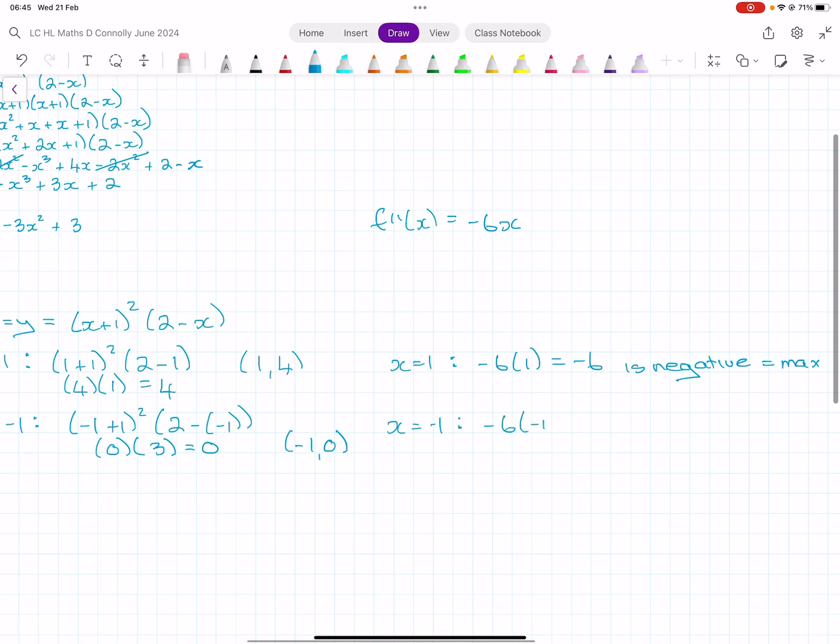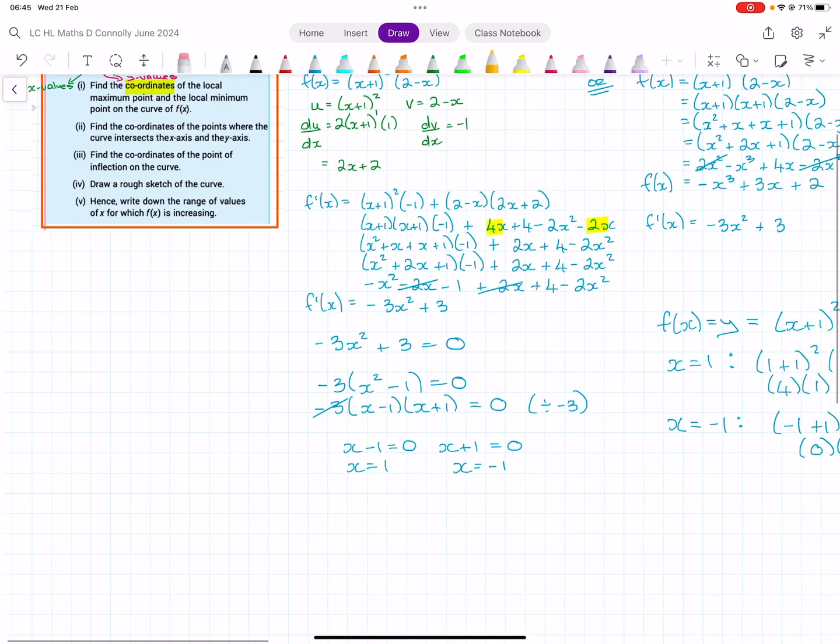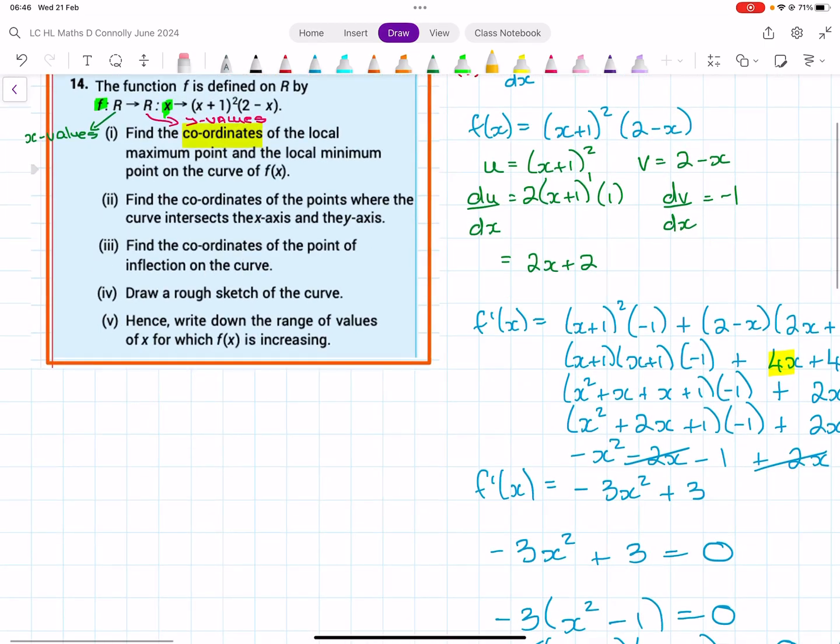Minus 6 times minus 1 is 6. 6 is positive, which means it's the min. So this is the max, and this is the minimum. Okay, so that's part 1.